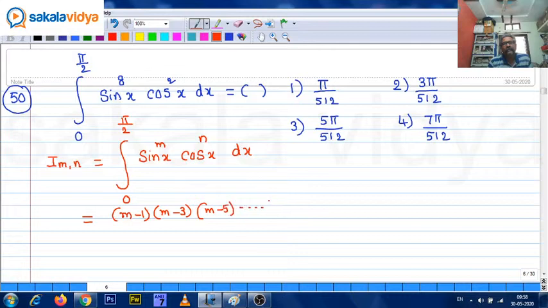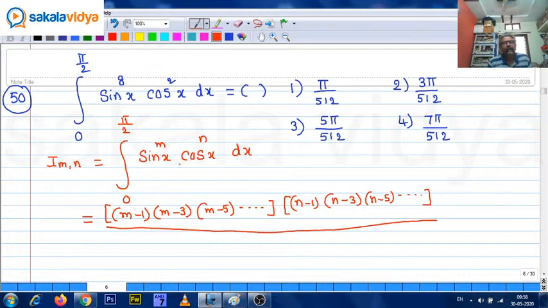This is not the bracket function, only simple brackets. Multiplied by n minus 1, subtract 2, n minus 3, n minus 5 and so on, upon the sum of these two powers, m plus n, into m plus n minus 2, m plus n minus 4, m plus n minus 6 and so on, into k.